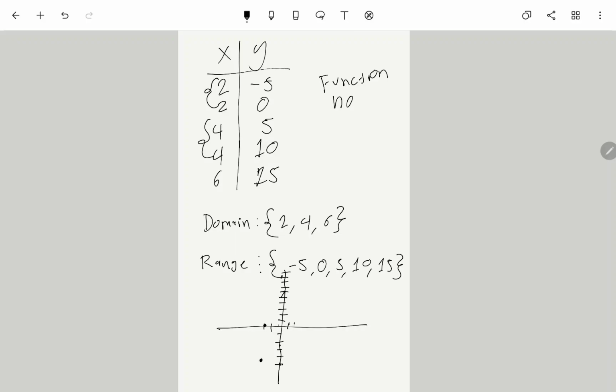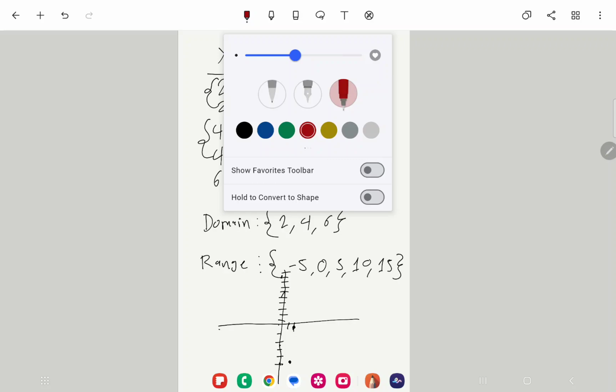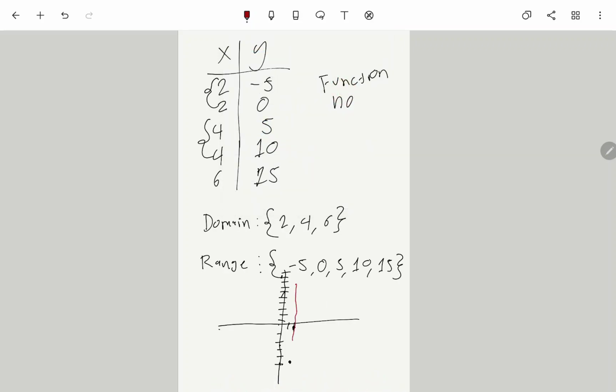Oh, wait, 1, 2. It's 2, right? Yeah, it's 2. So it's here and here. So if you see the line here, their intersection is 2 points. So that means no function. Okay?